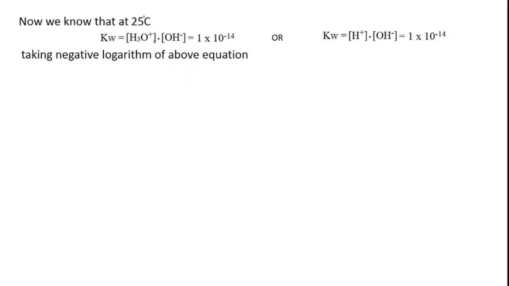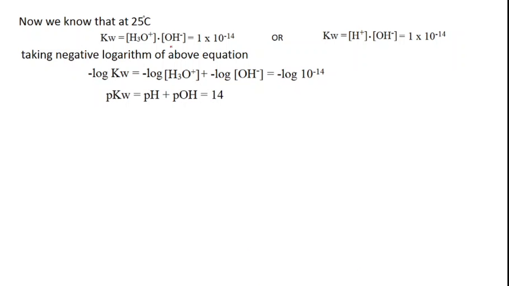Now we know that at 25 degrees Celsius, the ion product of water is equal to concentration of hydronium ion into concentration of OH minus ion, and it has a value of 10 raised to minus 14. So if we take the negative logarithm of this equation, it becomes negative logarithm of Kw equal to negative logarithm of H3O plus plus negative logarithm of OH minus, which is equal to negative logarithm of 10 raised to minus 14. Now negative logarithm of Kw is given the symbol pKw.